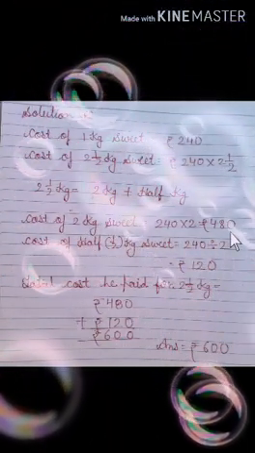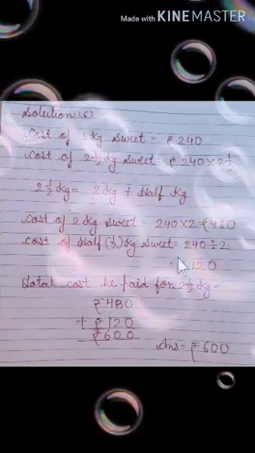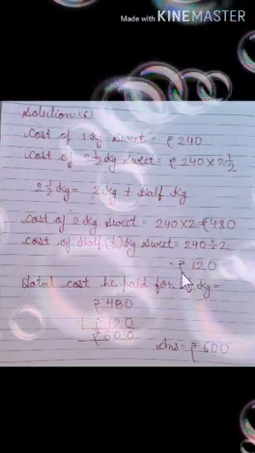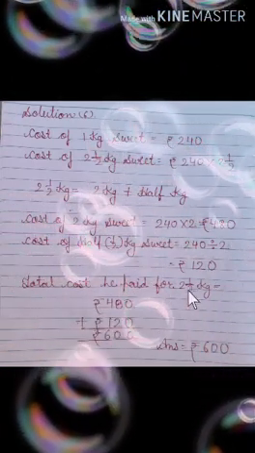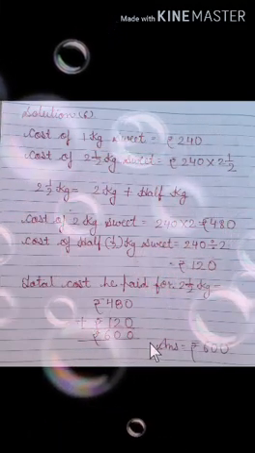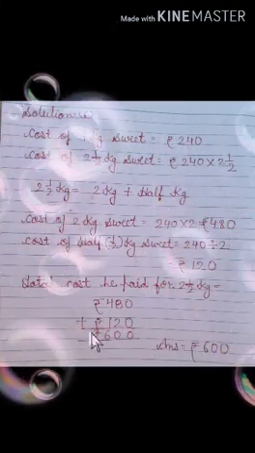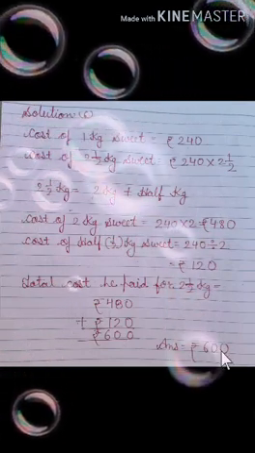Then the cost of half kg, it means divide by 2. After division you get the answer 120. Then the total cost he paid for 2.5 kg: 480 plus 120, 600 rupees. 600 is the cost of 2.5 kg weight.